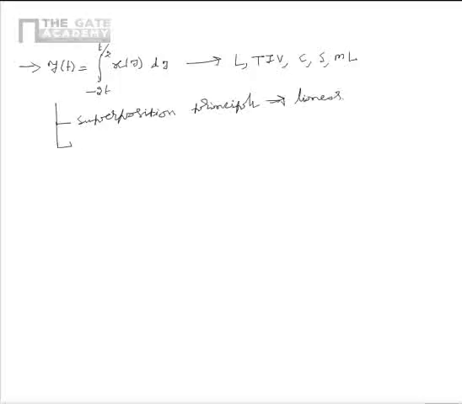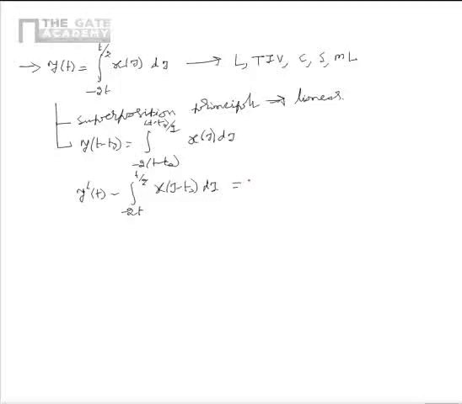Also, we see that the delayed version of output, y of t minus t naught, can be written as the integral from minus 2 times t minus t naught to t minus t naught by 2 of x of tau d tau, and the output due to the delayed version of input can be written as the integral from minus 2t to t by 2 of x of tau minus t naught d tau.